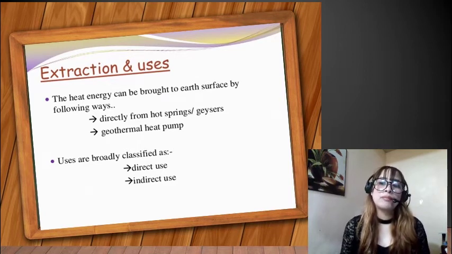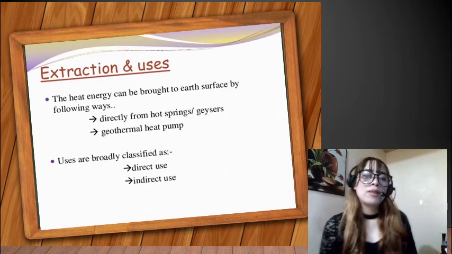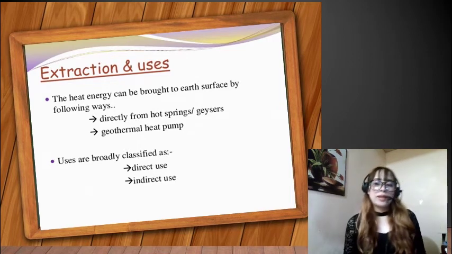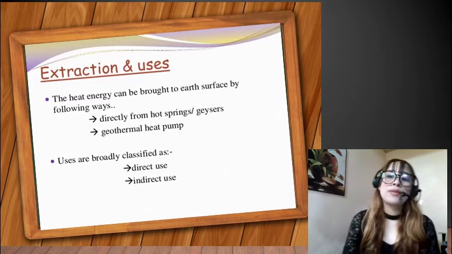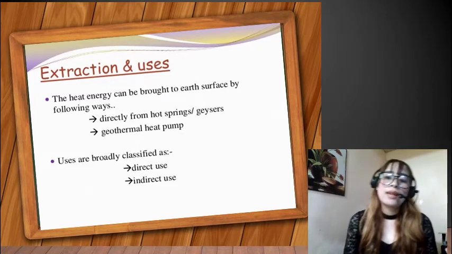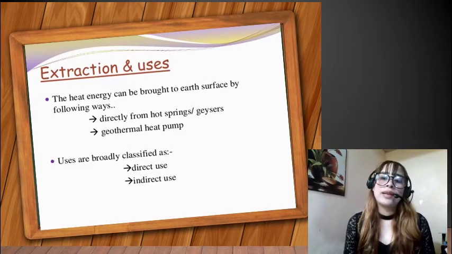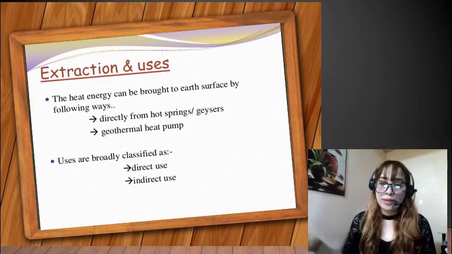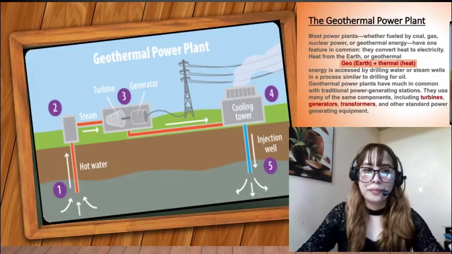The heat energy can be brought to Earth's surface in the following ways: directly from hot springs or geysers, and the other one is using a geothermal heat pump. And uses are broadly classified as direct use or indirect use.